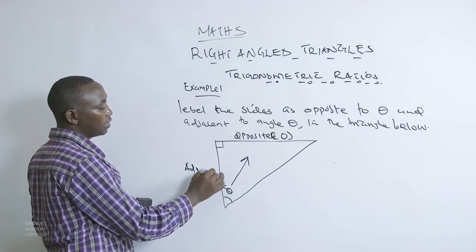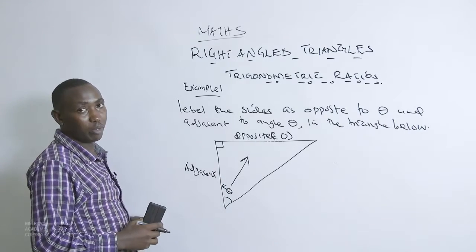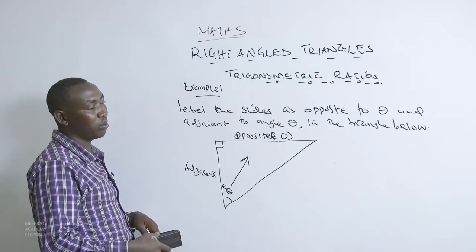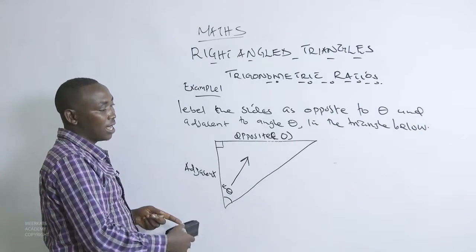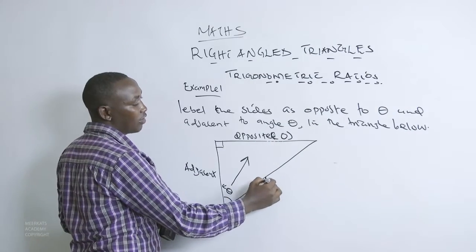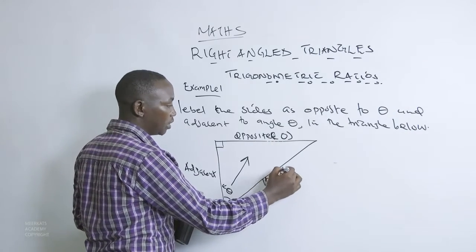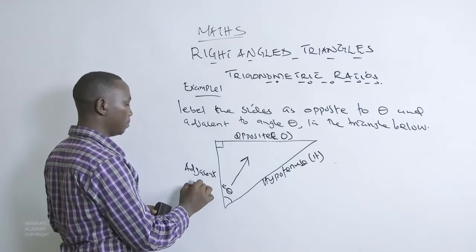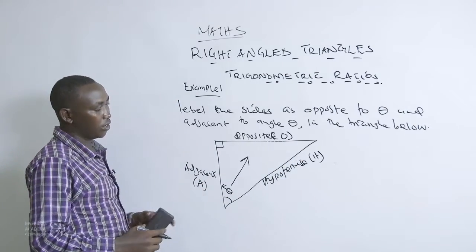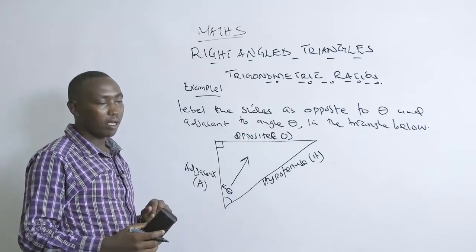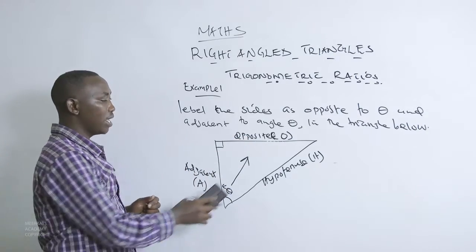So this is the adjacent side of this particular triangle. Sometimes it is also important for you to be able to know the longest side. The longest side of this particular triangle is this side, and it's referred to as the hypotenuse. So that is it. Opposite to the angle, adjacent, then hypotenuse.